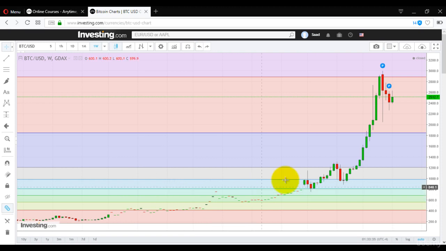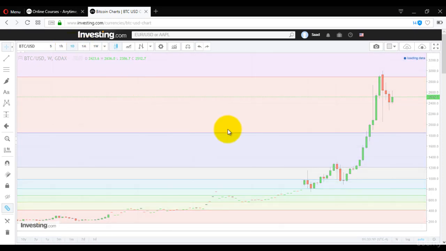And that's why if it is breaking above highs, it's going up. Right now, it's in a downward phase, but the support lies here at $1,841. Now let's move to daily chart.